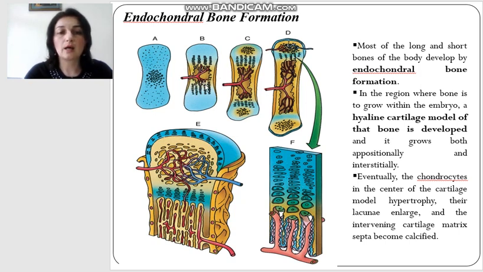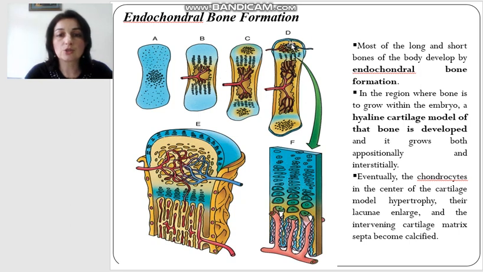Then the cartilage cells will degenerate here. The blood vessels that penetrate into the cartilage will carry here the osteogenic bud, which contains osteoprogenitor cells and all of the cells needed for bone formation, which here will produce bony tissue. So the cartilage will gradually be replaced with bone tissue, and calcification will take place here.